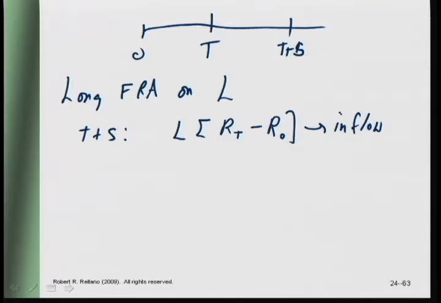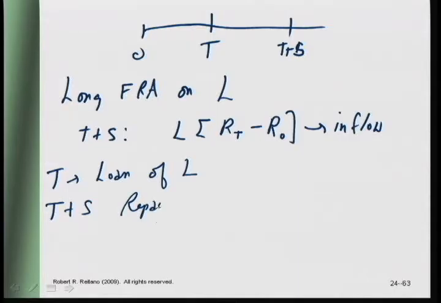On the other hand, we know at time T, we're going to do a loan of L, and at time T+S, we're going to have to repay L times (1 + R_T), right? It's logical that at time T we're going to do a loan at the prevailing rate, R_T, and at the end of the period, pay the loan plus interest.